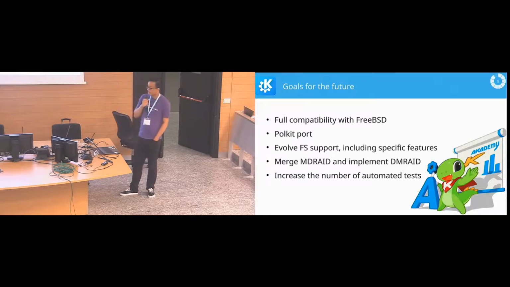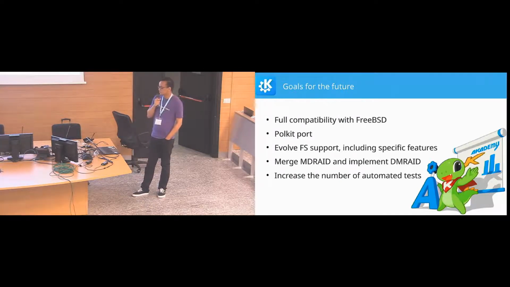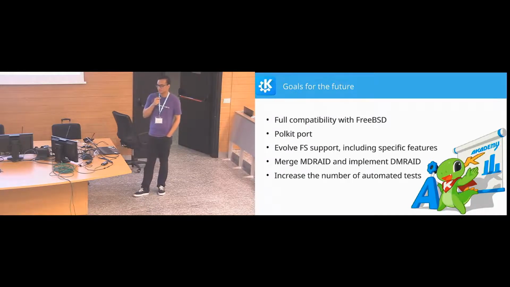And goals for the future, as I said before, we want to bring full compatibility with FreeBSD, and we also want to finish the Polkit port, because now there are some issues with the current implementation, especially on the scanning process.